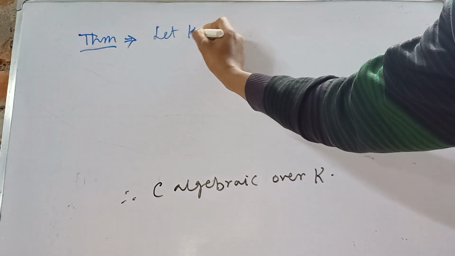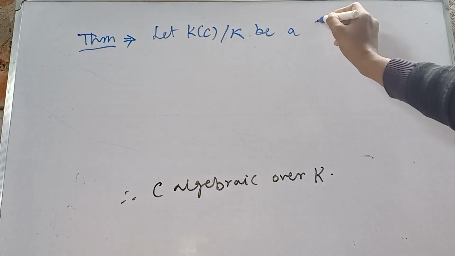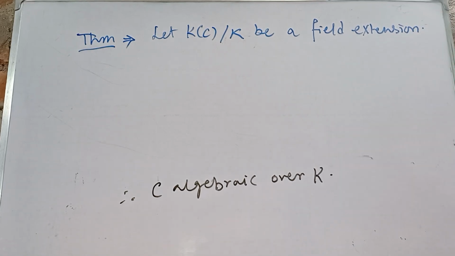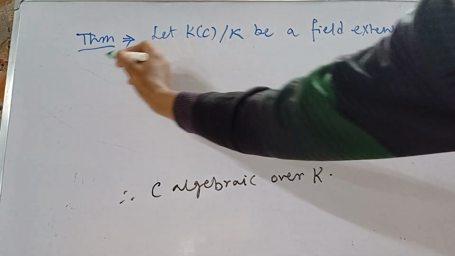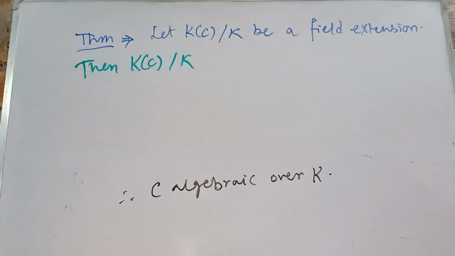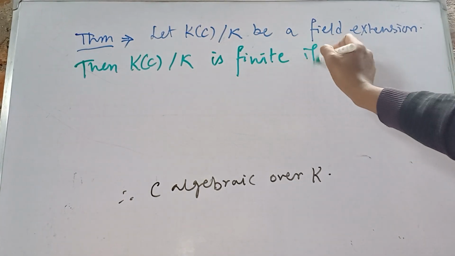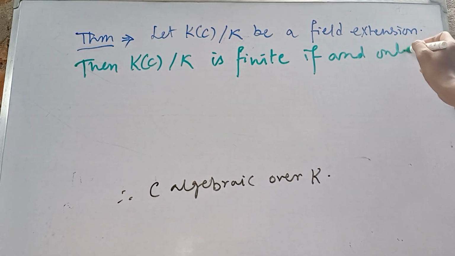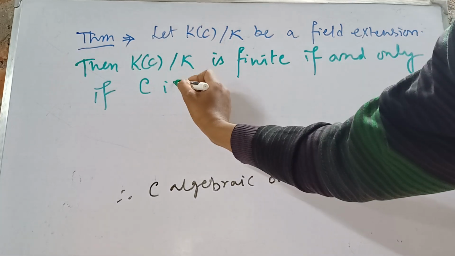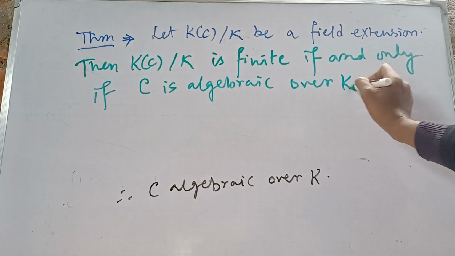Let K(c) be a field extension of K. Then K(c) over K is finite if and only if c is algebraic over K.